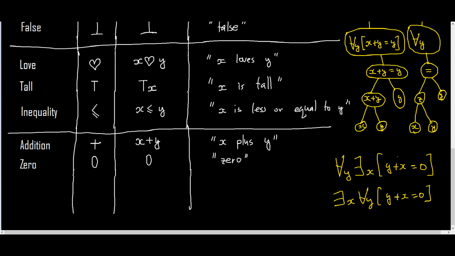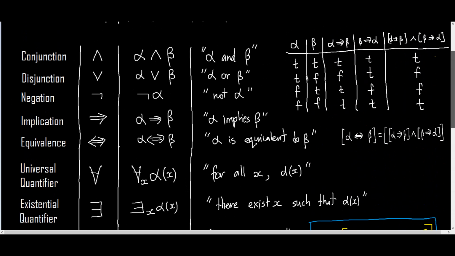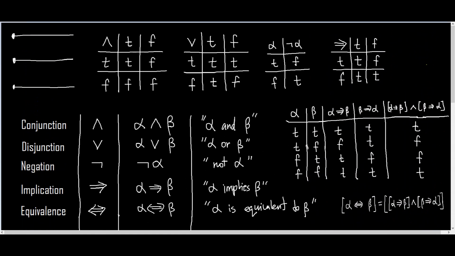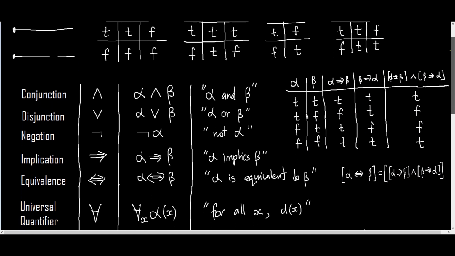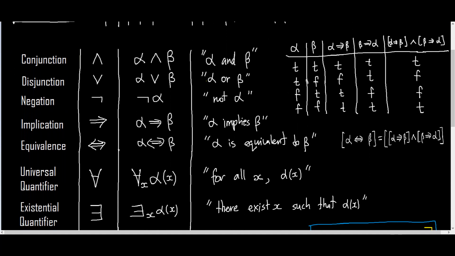Okay, so what we did in this video was to go through the basic building blocks of forming sentences in bracket proofs. And I want to emphasize one more time that these are just the basic building blocks.